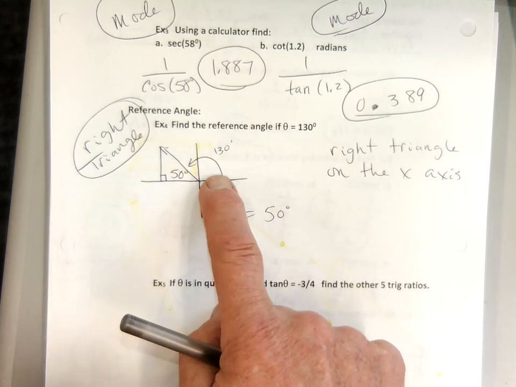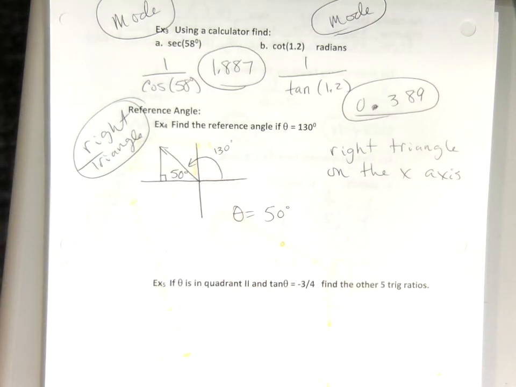So I know this. Here's why the reference angle is important. Okay? The sine of this angle is also the same as the sine of this angle. So the sine of 130 degrees is equal to the sine of 50, because it's the y, right?